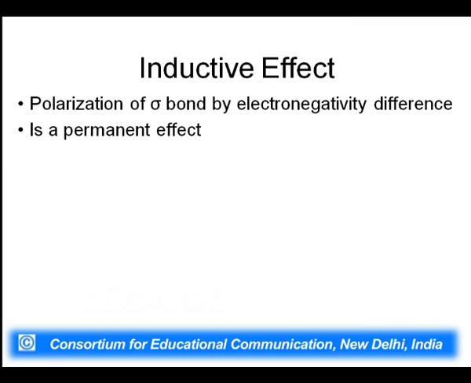Permanent effect means that the carbon-halogen bond, if I have methyl chloride or chloromethane, which is a gas, or any other compound which is a liquid or a solid in a bottle, then the properties of the bonds are permanently present between carbon and halogen, or carbon and oxygen, or carbon and nitrogen.